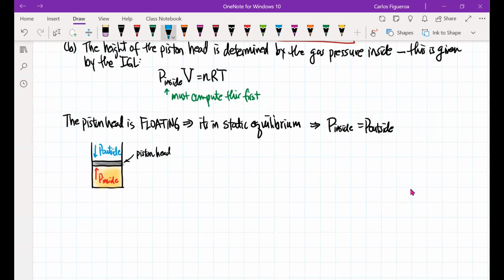We know the piston is circular and its diameter is 10 centimeters, so its radius is 5 centimeters. And it's this height, H1, that we're trying to calculate. So what do I know?